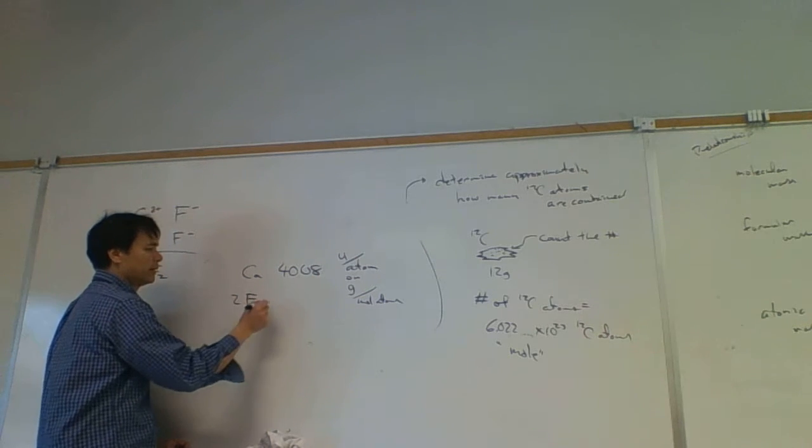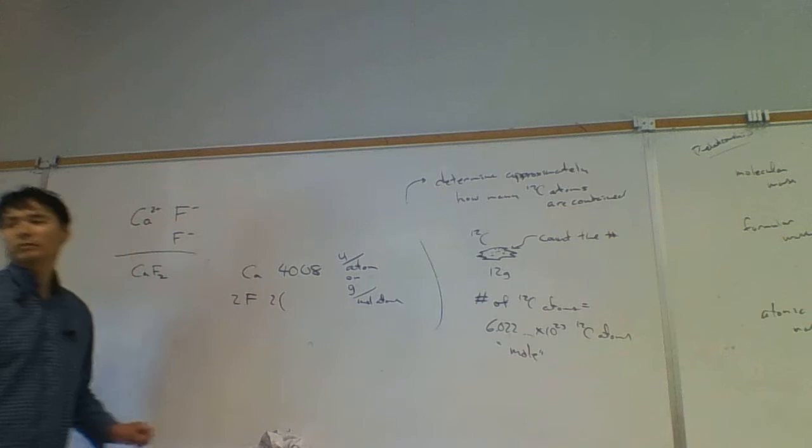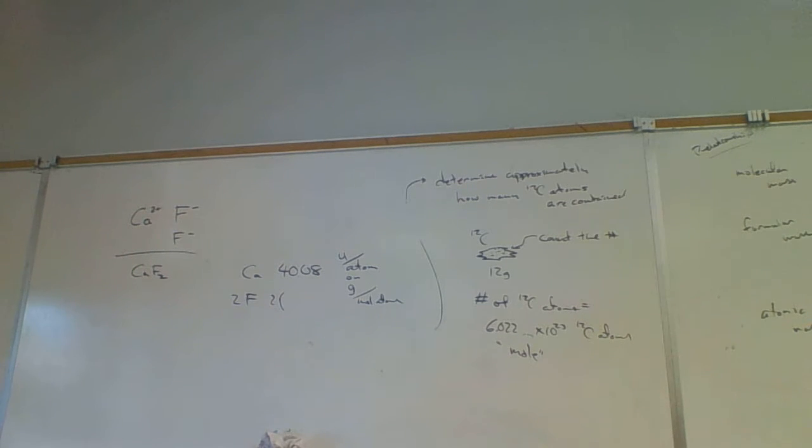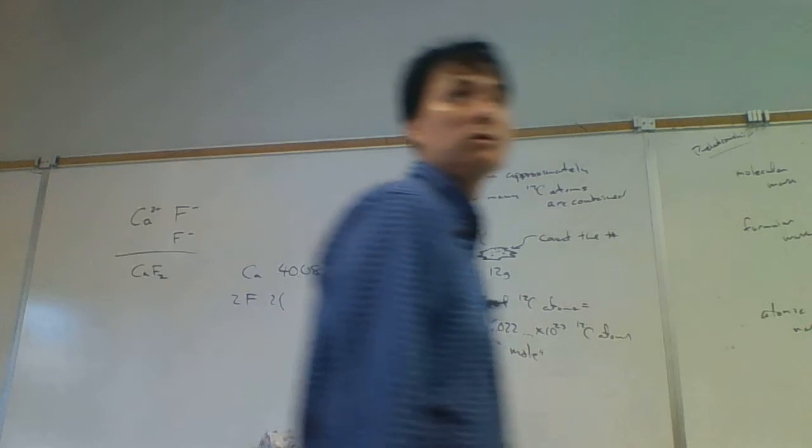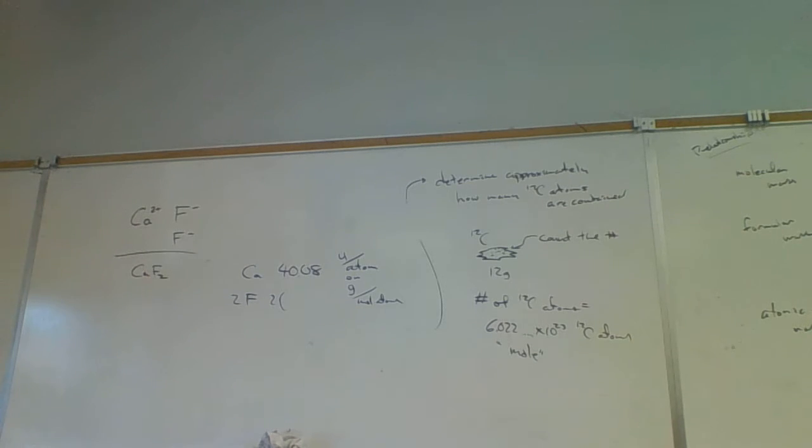And then 2 fluorines is going to be 2 times the mass for fluorine. So let's swing over. Fluorine I don't have memorized because it's a lot less common. But we're going to go 2 decimal places. So what would you do this to? 19.00.